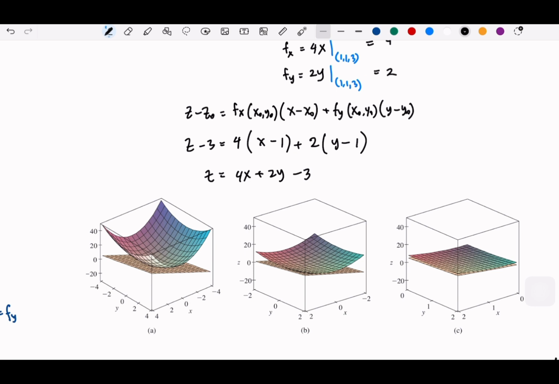Okay. Remember that you have a curve in calculus 1 that can be approximated with a line. Now you can approximate with a plane. Very similar concept. Remember that you have a curve like this, right?